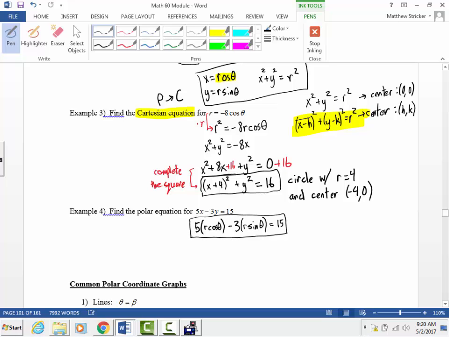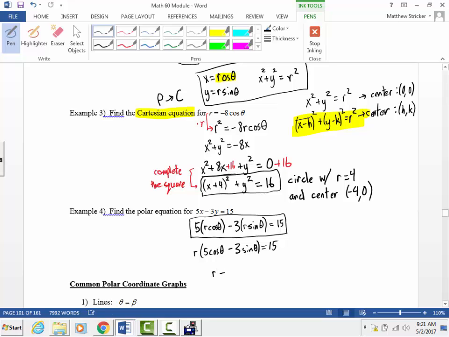Now we could try to solve this for r. Could we solve it for r? What would we have to do? You could factor it out. So if you factored it out, you'd have r times 5 cosine minus 3 sine equals 15. And then we could divide.